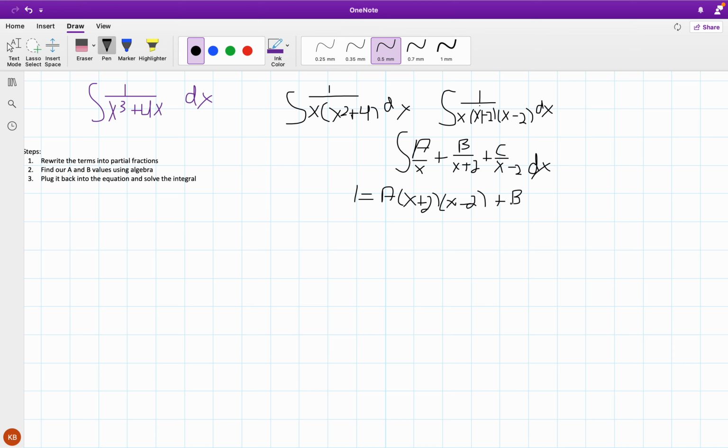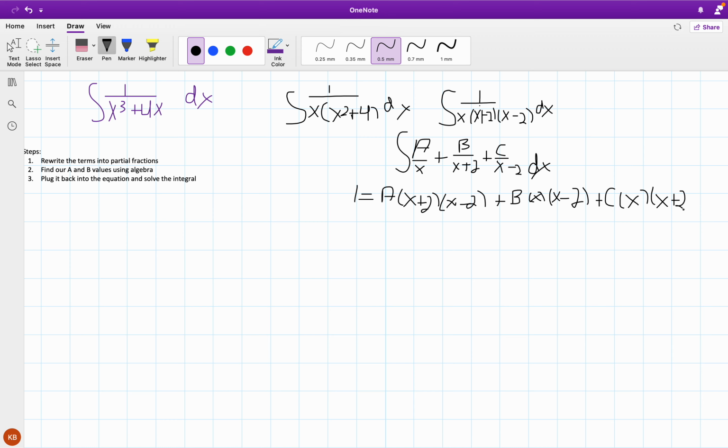For B, the x plus 2 cancels out this time, so it's going to be x times x minus 2. And for C, the x minus 2 cancels out, so it would be x times x plus 2.